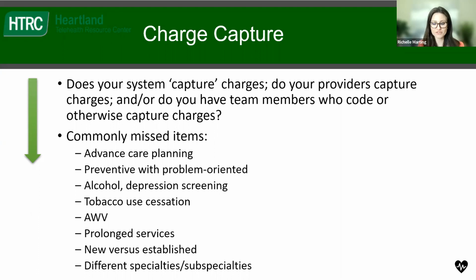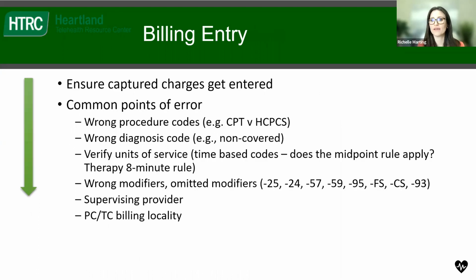So looking at your specialty designations from an NPI perspective, Medicare enrollment perspective, and commercial payer credentialing perspective can be a really important exercise to make sure you are capturing new patient charges appropriately.